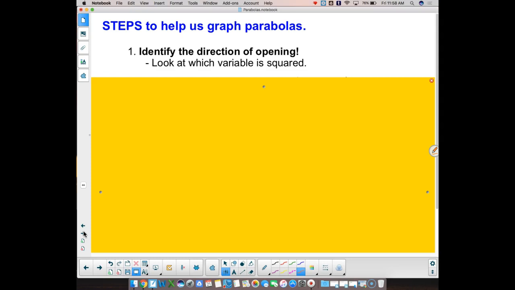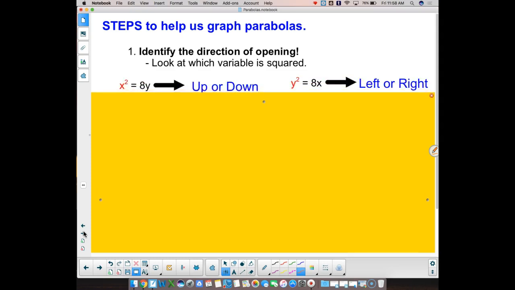If x is squared, it's going to be an up or a down parabola. Those are the ones that you've seen before. If y is squared, that's going to be these new ones, these left or right ones. Or new for some people.